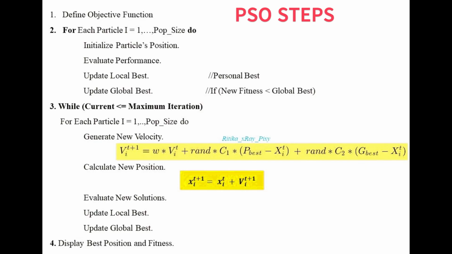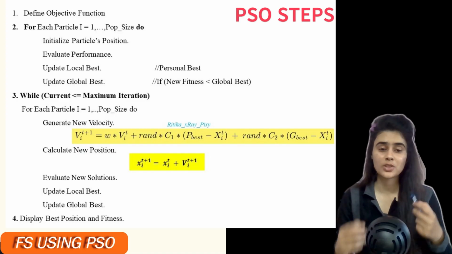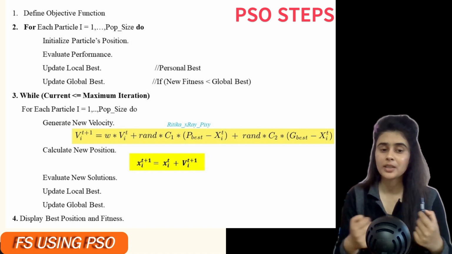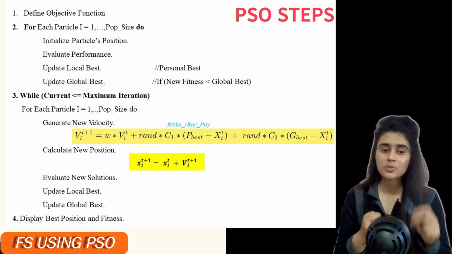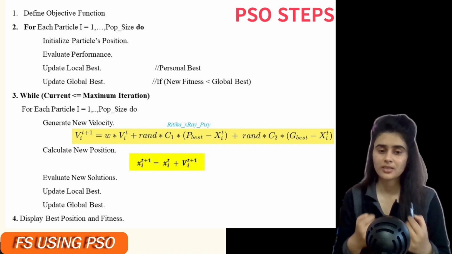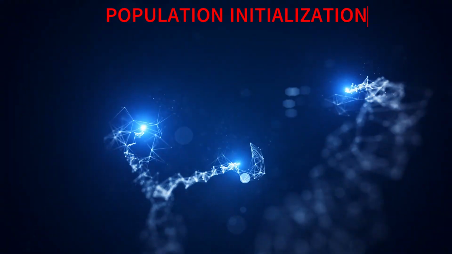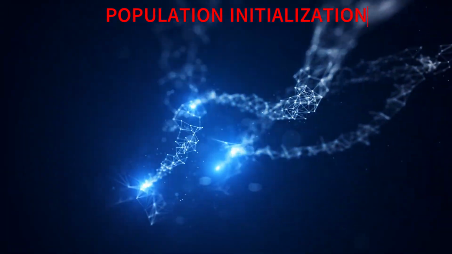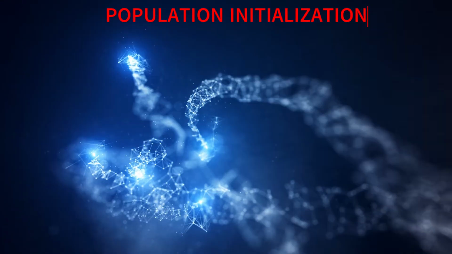So the particle swarm optimization algorithm, all steps you can see here. First, we will initialize the population. When you initialize the population of particles randomly in the search space, in this population, each particle represents a feature subset. Here, each particle in the current population represents a feature subset.